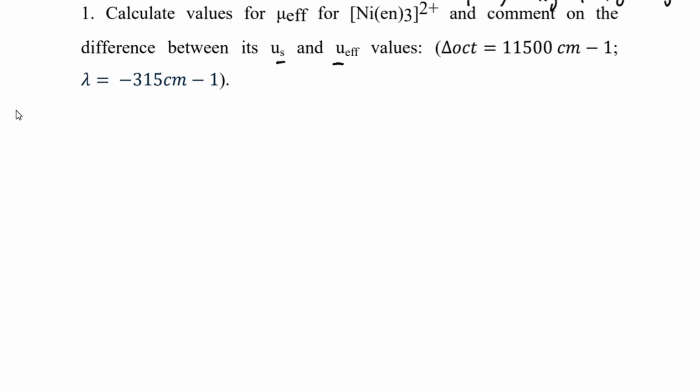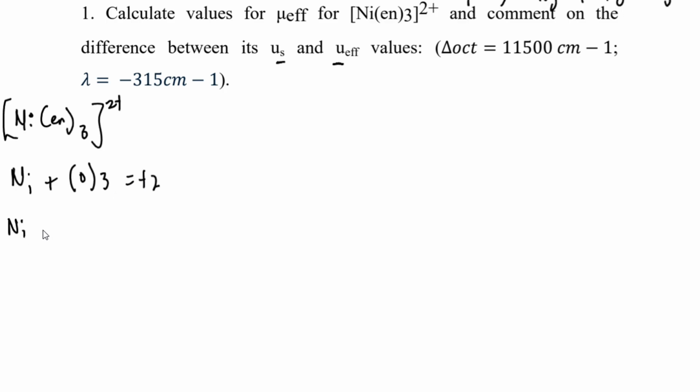Basically Ni(en)3 2+, we have Ni plus 0, because en is a neutral molecule, so we have Ni equals plus 2. The oxidation number of nickel there is plus 2.